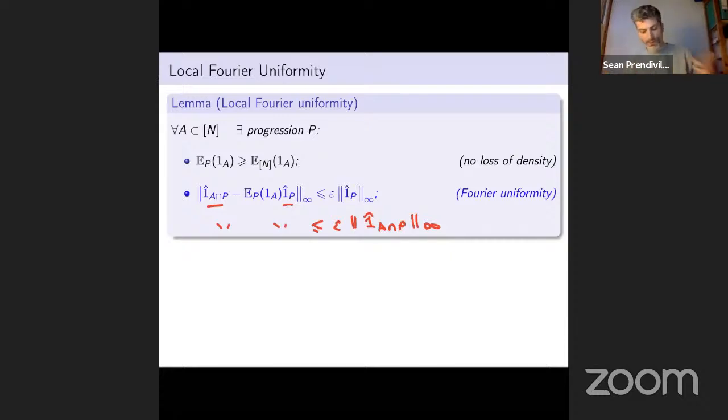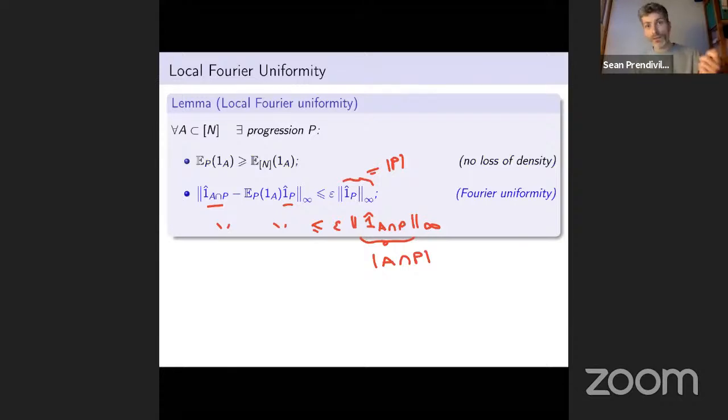One says you're an epsilon fraction, and just to say, with my normalizations of Fourier transforms, this expression is the cardinality of the set P, and this expression is the cardinality of the intersection. So this is a weaker notion of Fourier uniformity, but it's sufficient for our purposes.